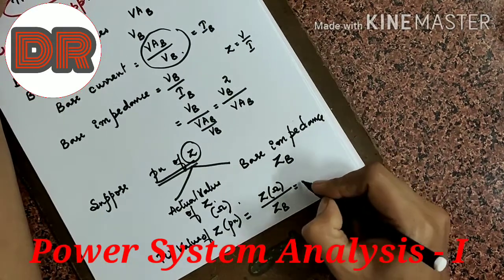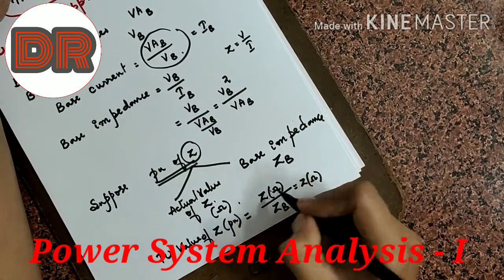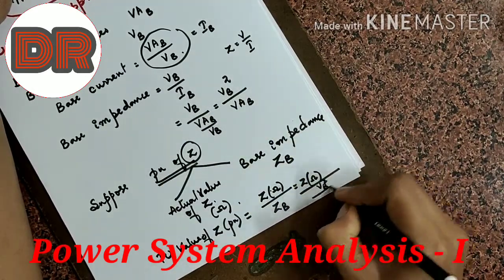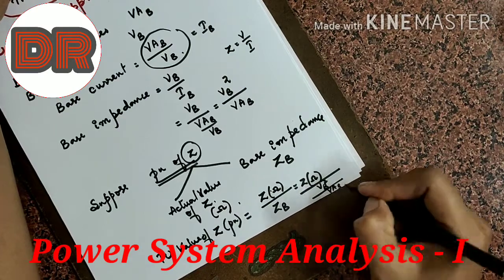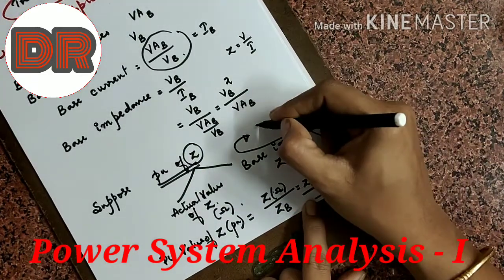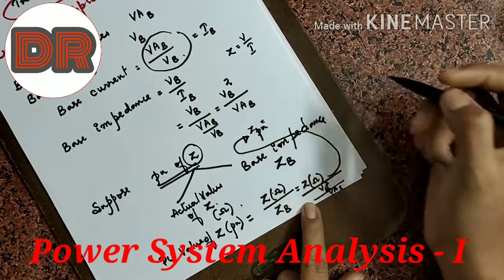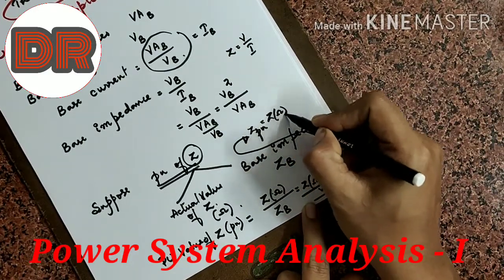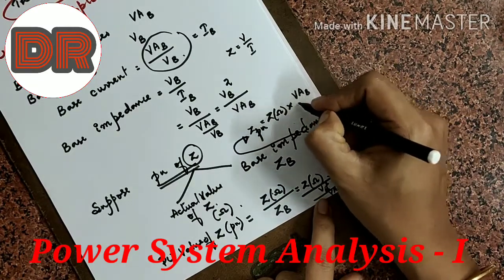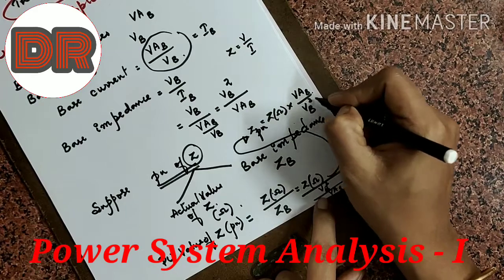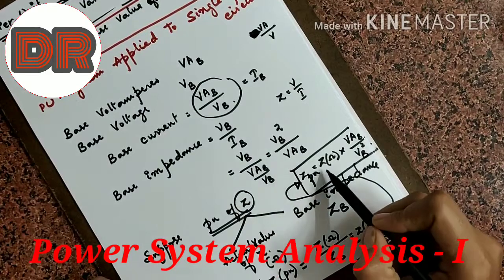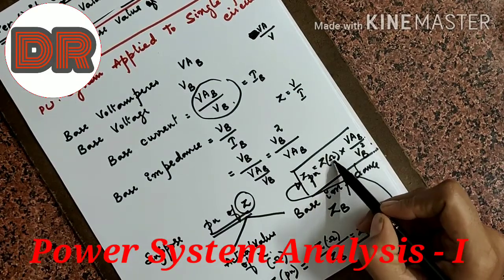The Z base value we know, so I can write Z in ohm divided by VB square divided by VA base. This can also be written as Z per unit is equal to Z in ohm into, this goes to the numerator, VA base divided by VB square. This is how you calculate per unit impedance when the actual impedance is given in ohm.